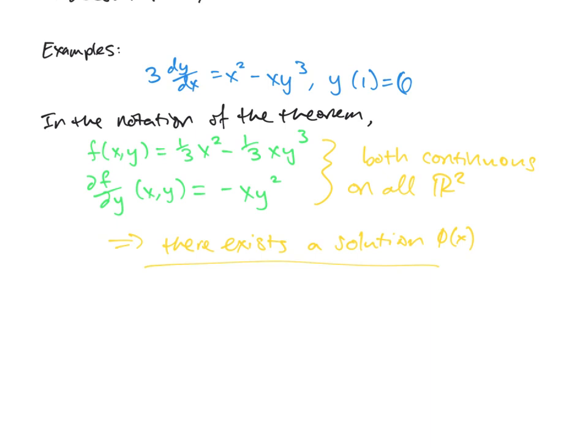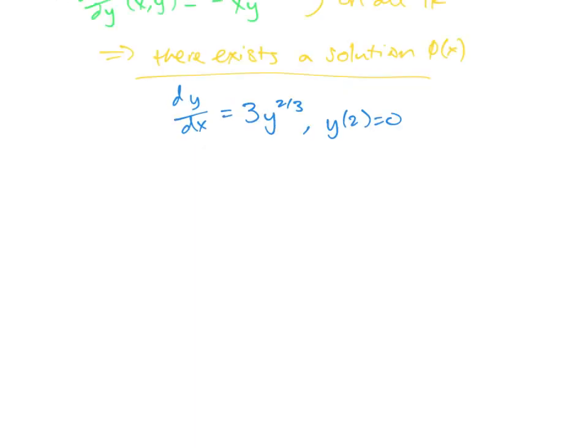Okay, so now let's look at another example. We've got the same question: does the theorem imply the existence of a solution to this? In this case, we've already got our dy dx over on the left-hand side. So our f of x, y is just the right-hand side, 3y to the 2/3.